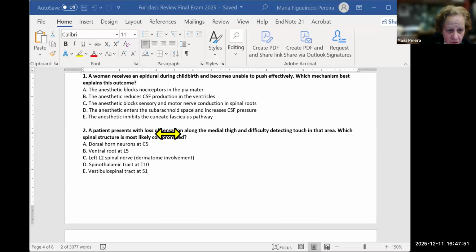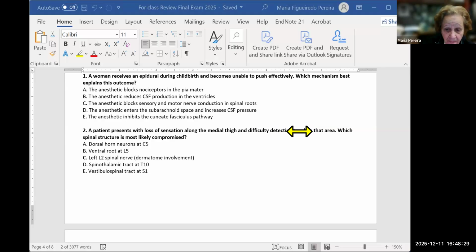A patient presents with loss of sensation along the medial thigh and difficulty detecting touch in that area. Okay, detecting touch. Touch is skin. Which spinal structure is more likely compromised? I would not make you know what all the different areas of the spinal cord regulate. This seems like a difficult question, but it isn't. Here, you need to concentrate on detecting touch.